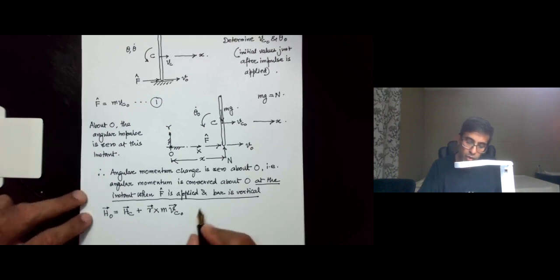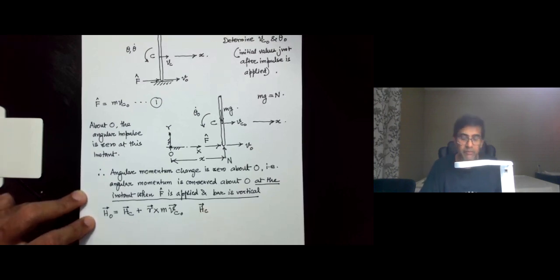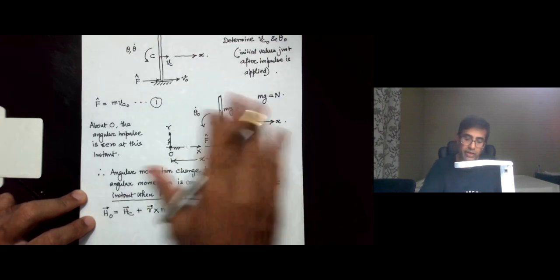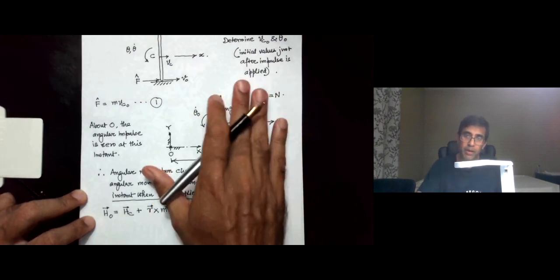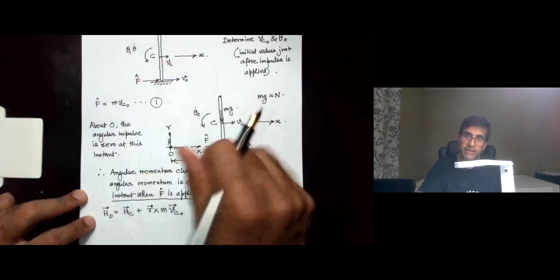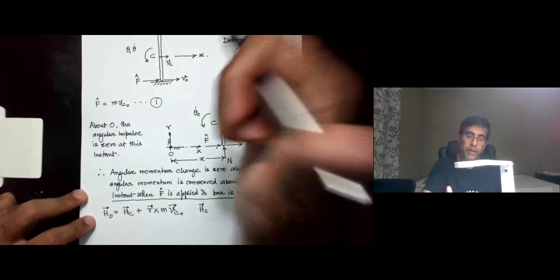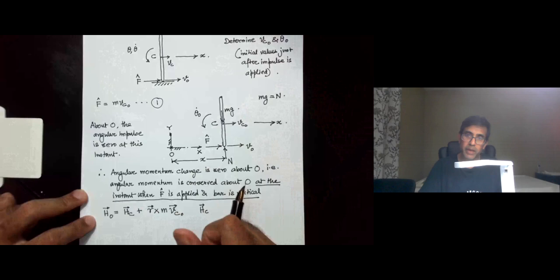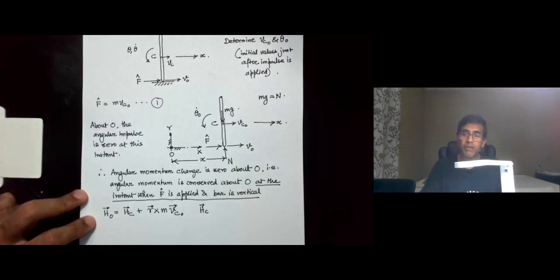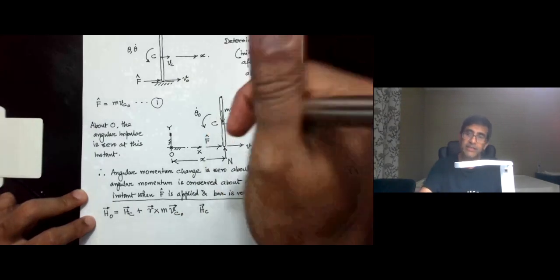Now, what is H C? In this case, these vectors become very simple because all the rotations are happening in this plane, which means the angular momentum vectors are all perpendicular to the plane of this page. So there is just one direction of the angular momentum, the Z direction.